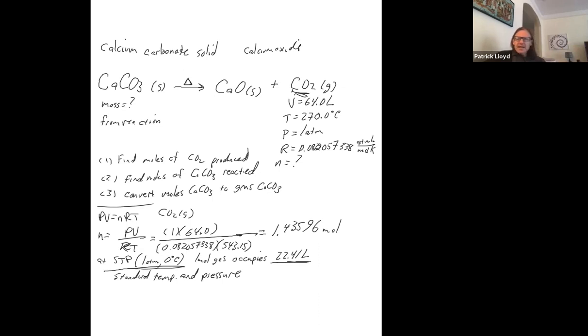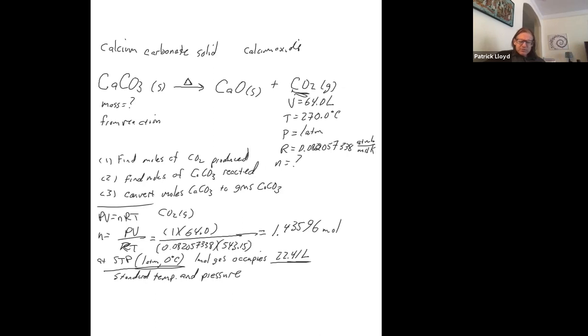So what I did in my head was I said, oh, does that answer make sense? I mean, how do you know, right? You got all these numbers. Well, I said, hey, at STP, 1 mole would occupy 22 liters. Well, this is more than 22 liters. This is 64 liters.